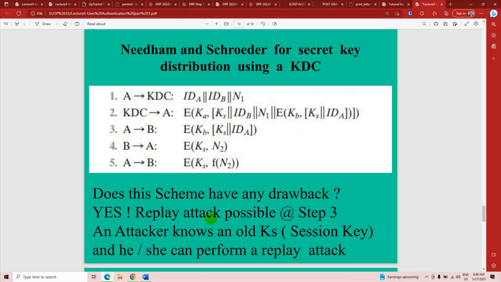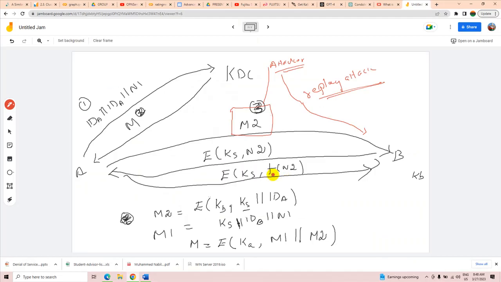Yes, there is an attack possible, that's called replay attack at step 3. Let's say if the attacker knows the session key, then he can capture step 3, this message 2, and find the session key. Then after that he can compromise the security between A and B in further communication like steps 4 or 5.